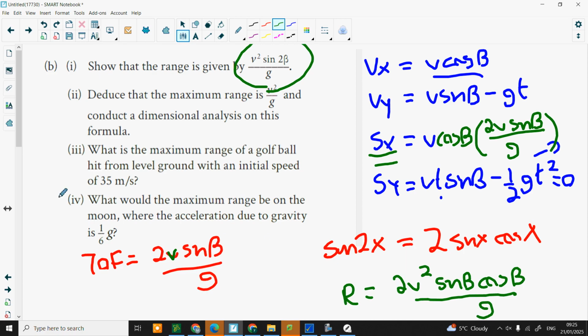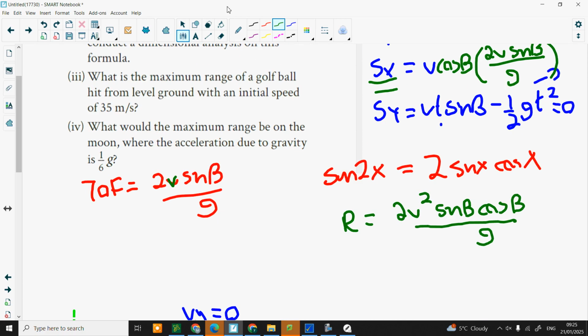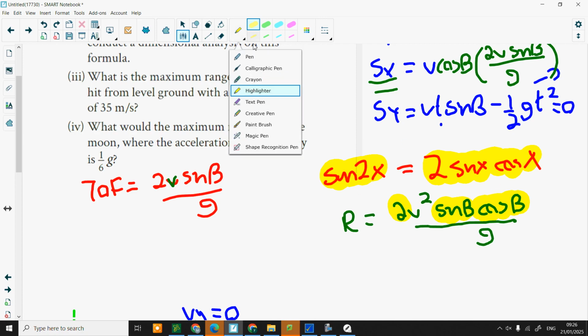Cool. Now, here's what I want you to highlight. Look what I'm going to highlight here. I'm going to highlight the 2, in a different color, the sine, and the cos, and what you know is directly above it. So what can I change 2 sine b cos b into?